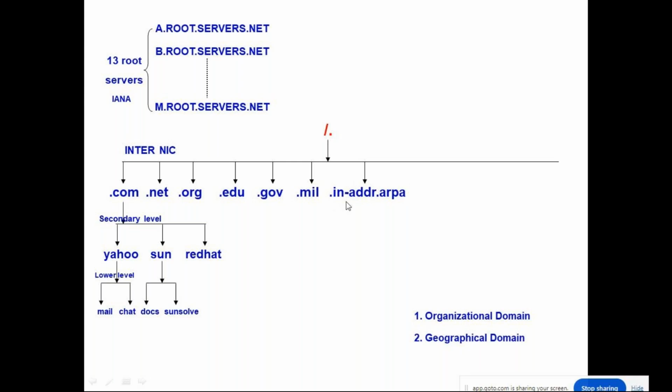It's a mechanism which converts an IP address to a host name. Yesterday we discussed that before DNS, if any system wanted to communicate with another system, we had to add the IP address and host names on every system in the /etc/hosts file.